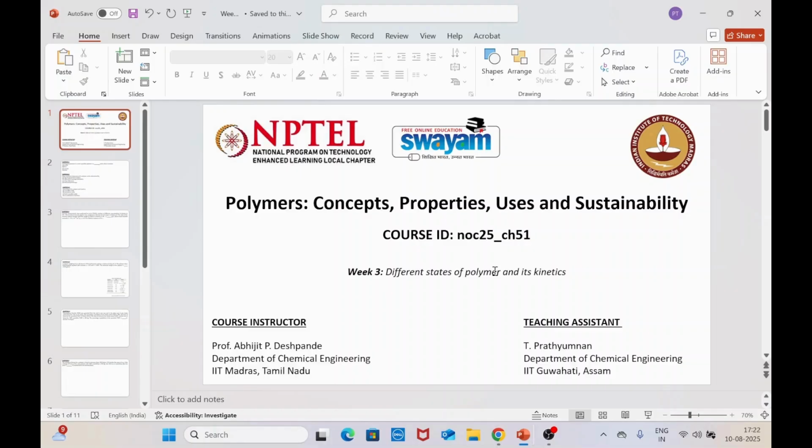Polycrystalline materials have different crystal domains, and each domain has small crystals called grains, which are typically separated by a boundary called the grain boundary.